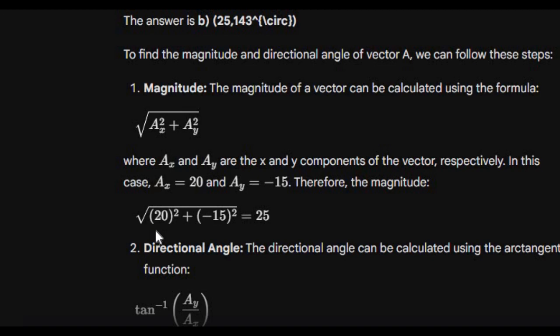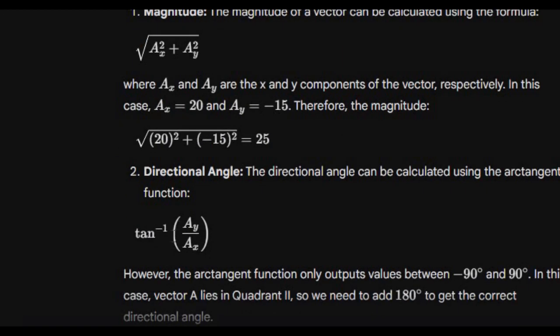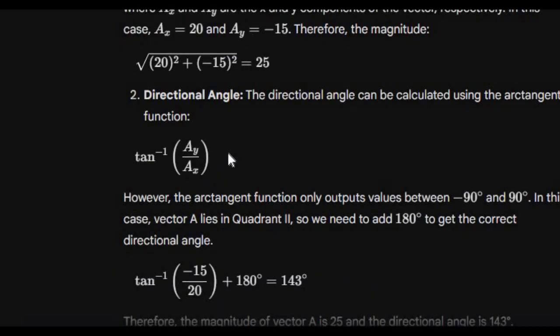In this case, A_x equals 20 and A_y equals -15. Therefore, the magnitude is the square root of 20 squared plus (-15) squared, which equals 25.